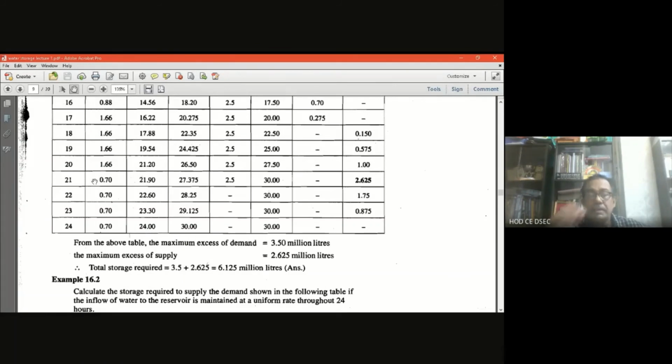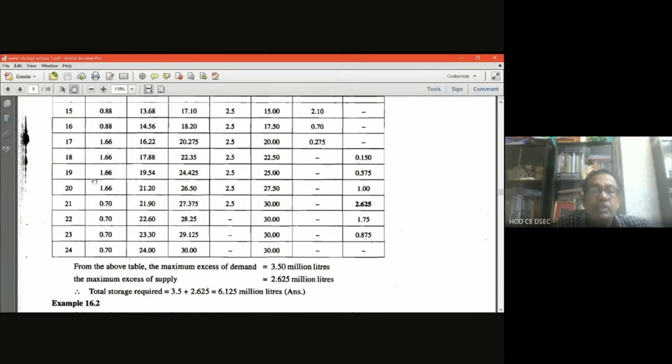So the two maximum ordinates, that is the maximum excess demand and maximum excess supply, you must note from the tabulated values, and you just add these two values. The maximum supply is 2.625 and maximum demand is 3.5. So if you add 3.5 plus 2.625, the storage required is 6.125.